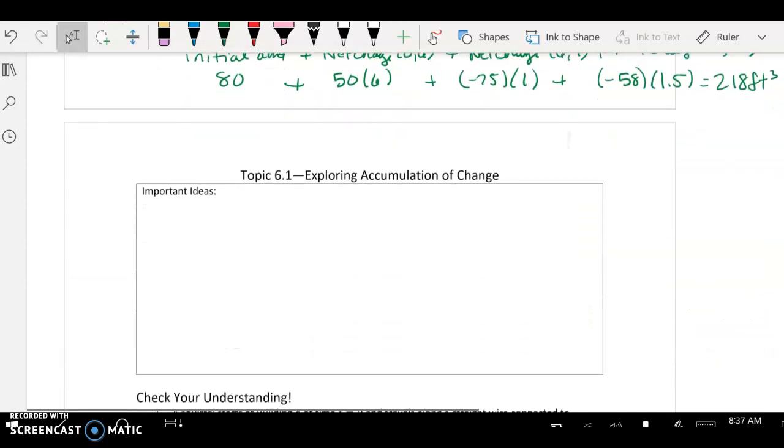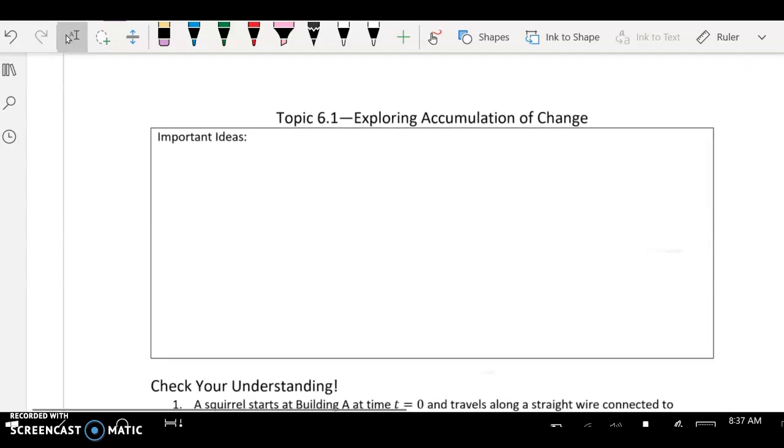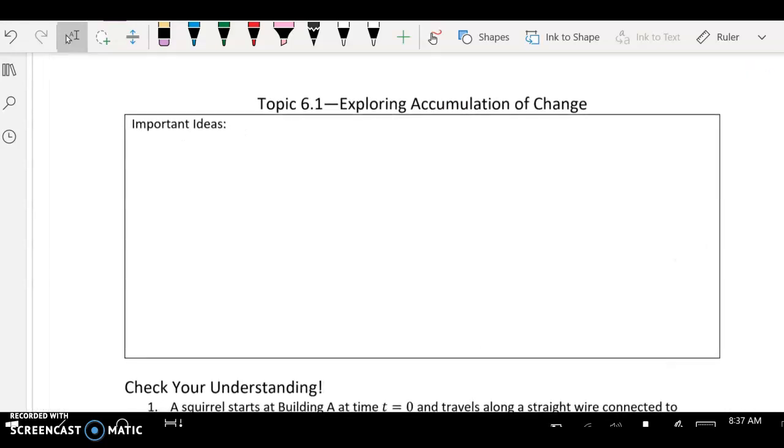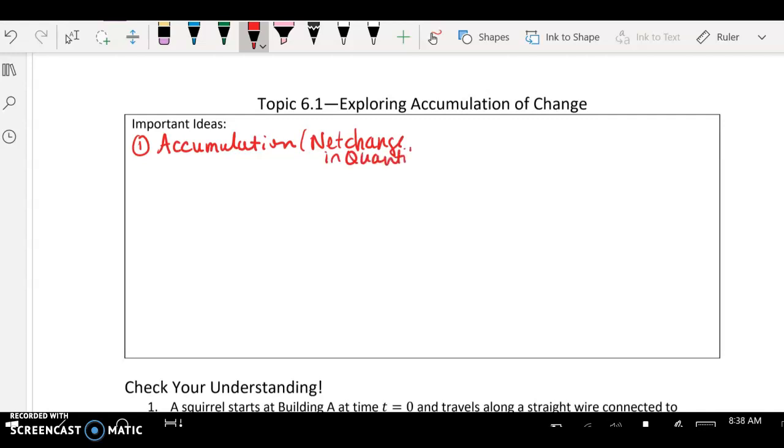All right, so we're going to summarize some important facts that we want to get out of this exploring accumulation of change. The first one is this very important idea of accumulation. And again, I am interchangeably using accumulation to be the net change in whatever quantity that we are dealing with.